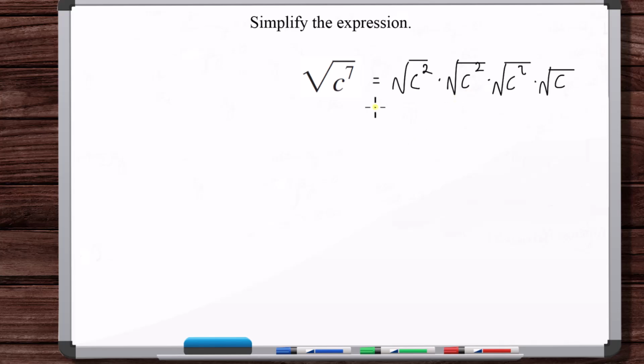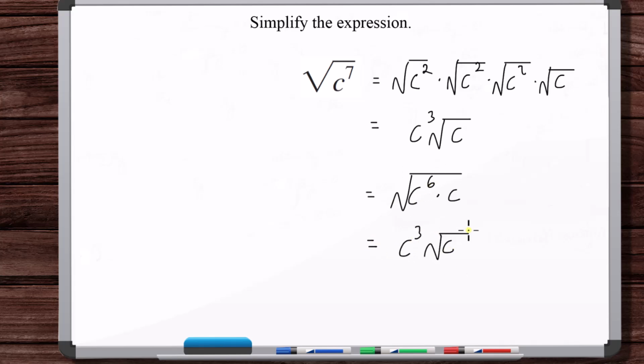Well, no, c can't be negative anyway. We can't input a negative c into here with this even root radical. So it's just going to be c times c times c. So that's c cubed. Now, in the future, to make this easier, you could just look at it like, okay, 6 divided by 2 is 3. You could do it like that.